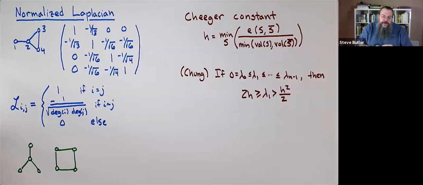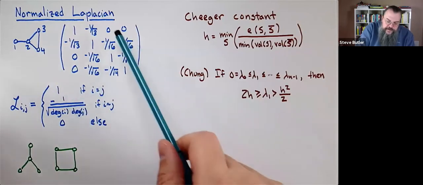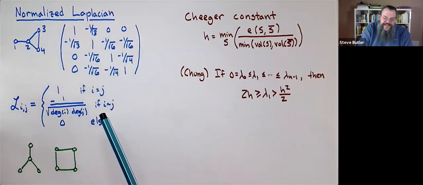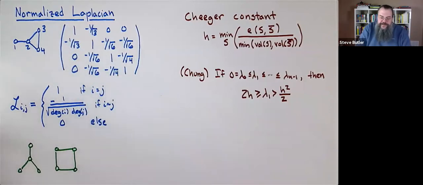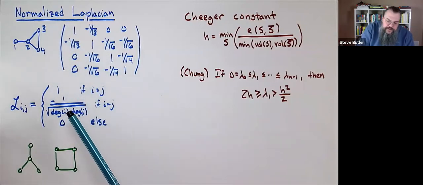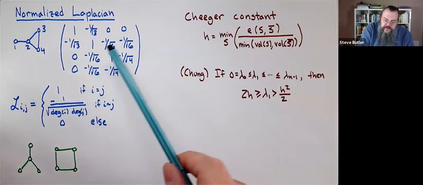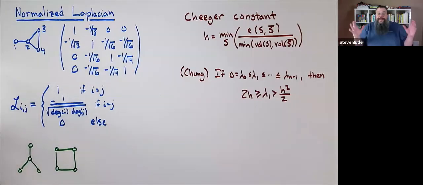And what is it? You'll notice, at first glance, it's very daunting, because all of a sudden we have square roots involved. The key is 1 on the diagonals, and then -1 over the square root of the degree of i times the degree of j if i and j are adjacent, and 0 otherwise. So the square roots can throw you off, and you're like, these look terrible.